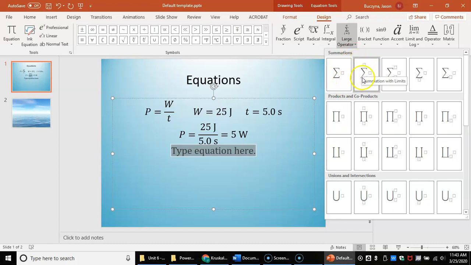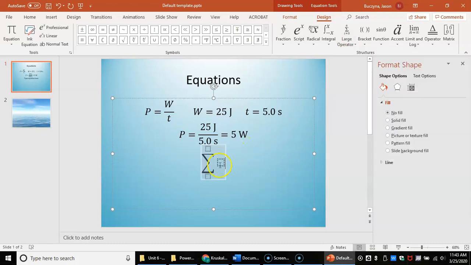So I can do, for example, the sum from i equals 1 to 8 of 2 to the i. And of course that would be just 2 plus 2 squared plus 2 cubed, etc. So it works with sums as well.